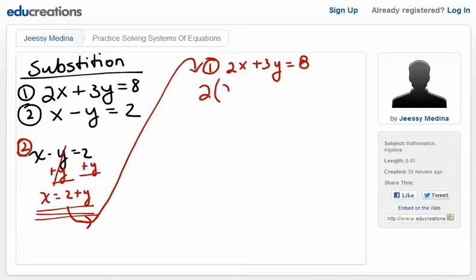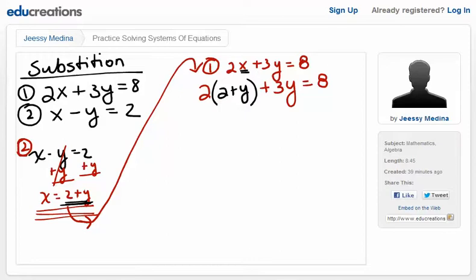So 2 times 2 plus y. Wait, let me use a different color here. For the x, we're going to do 2 times 2 plus y, and then you have plus 3y equals 8. So what I did was, for the x, I substituted 2 plus y.